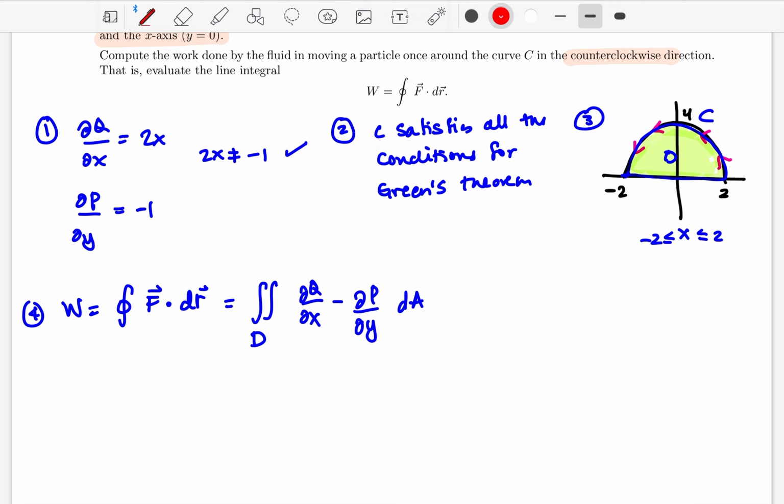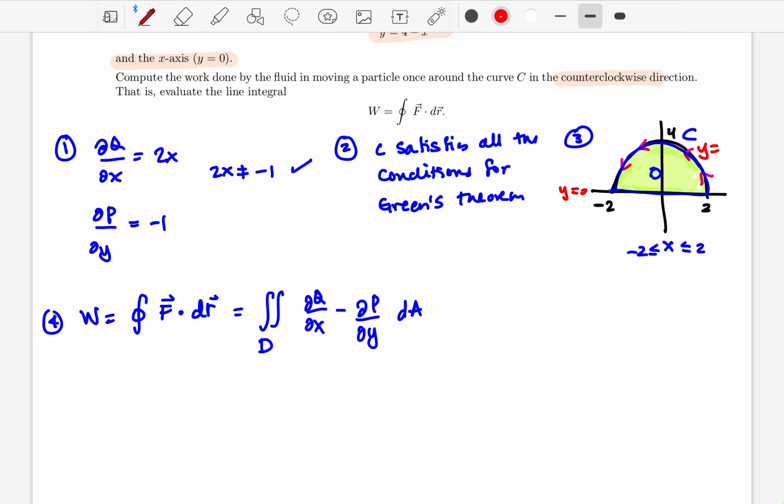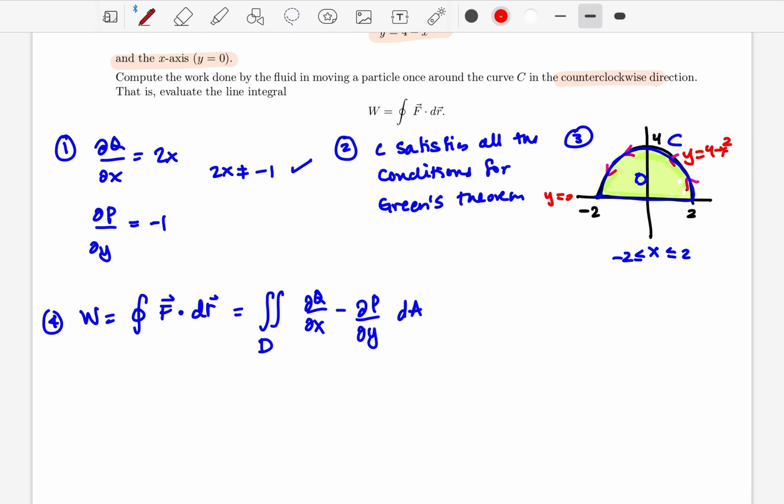So y equals 0 is the bottom, and the top is y equals 4 minus x squared. Those are my y bounds. Let me keep them red so you see where they come from.